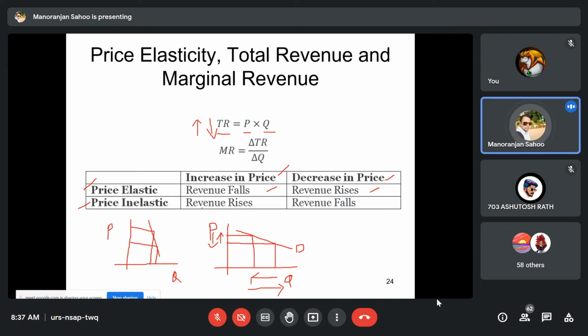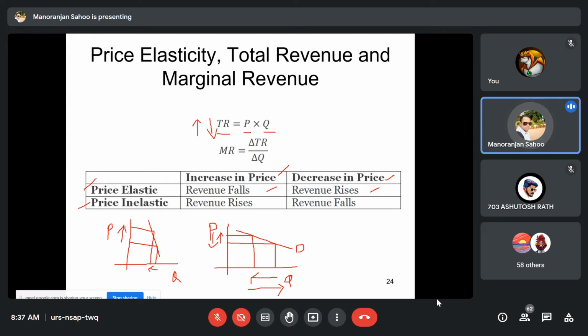So if the seller increases the price, he will have an increase in the total revenue, because even if he increases the price by a large amount, his quantity demanded will reduce by a smaller amount. As a result he can make more profit, so his total revenue will increase.